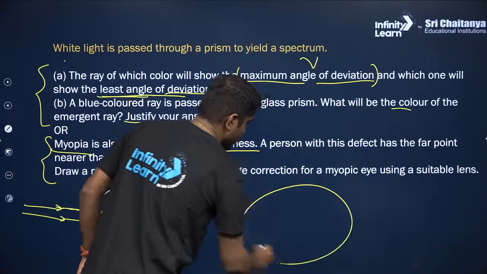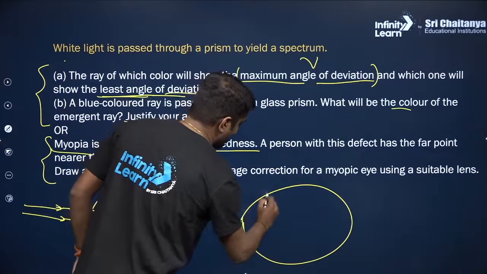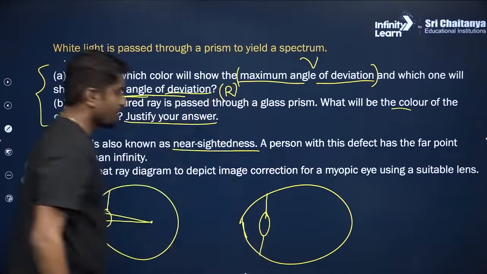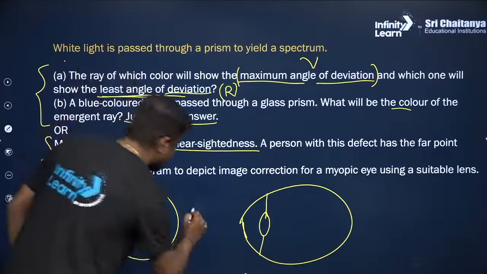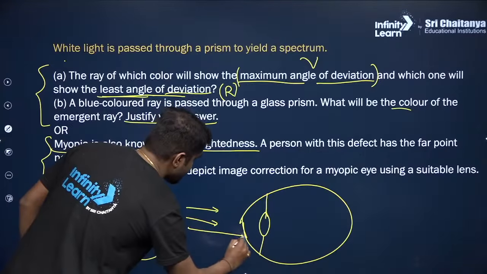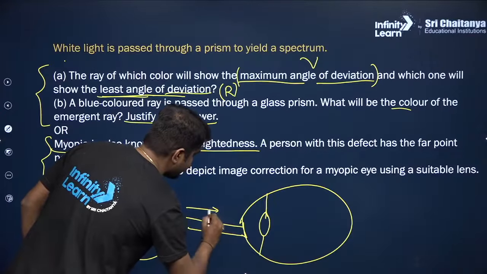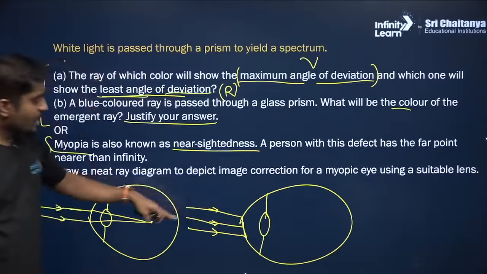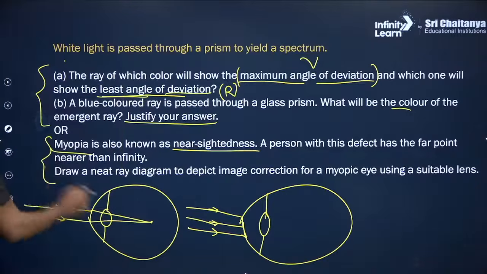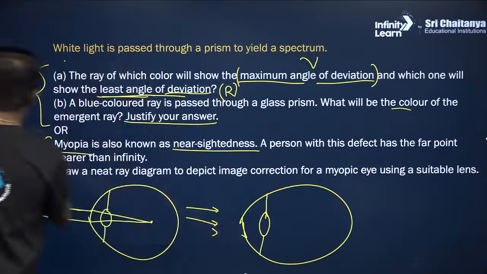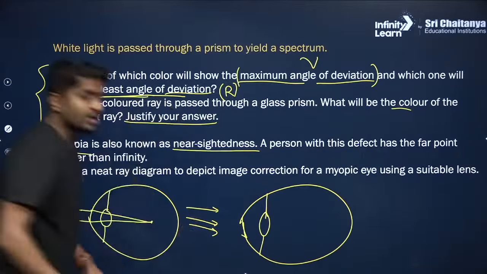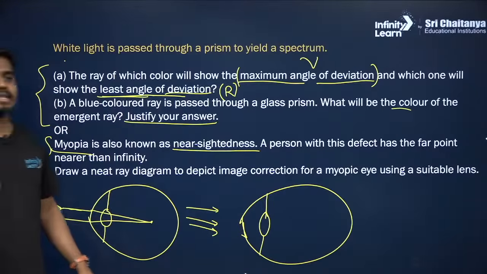So there is again a bulged eye, there is a lens, है ना? So again we are going to draw the rays which are coming from the object kept at infinity. Now before the eye, we need to use a correcting lens here. So which lens will you use? Will you use concave or convex?